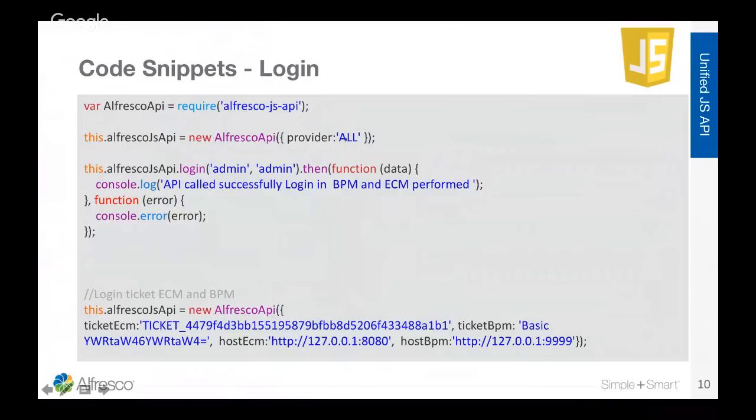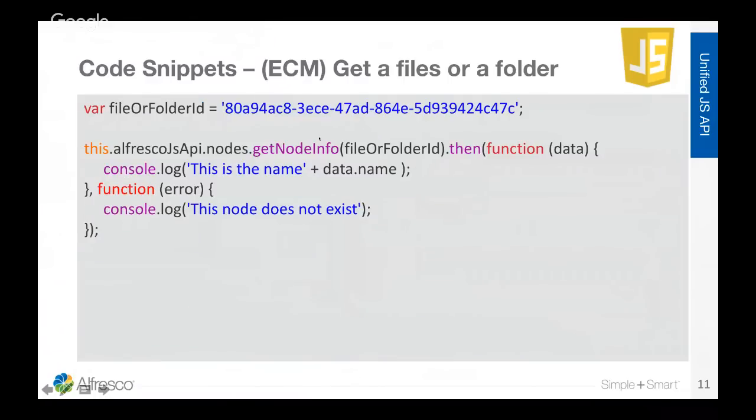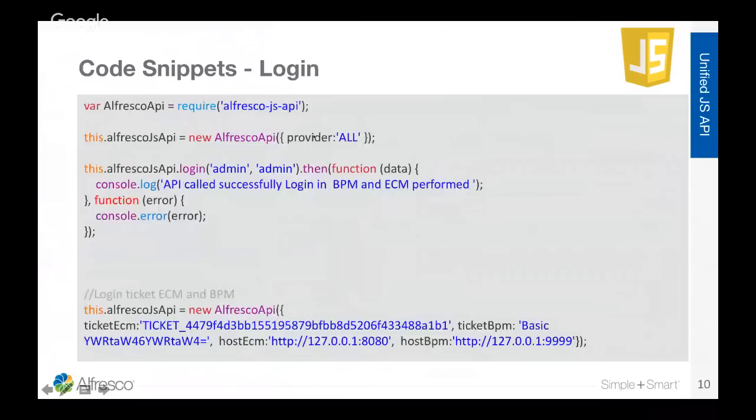In this case, we are saying that we want to be logged in to the ECM and the BPM platform. With this parameter, we can define on what platform we want to be logged in. Here we are logged in to BPM and ECM, but we could even choose to be logged in only to the ECM or only to the BPM platform.